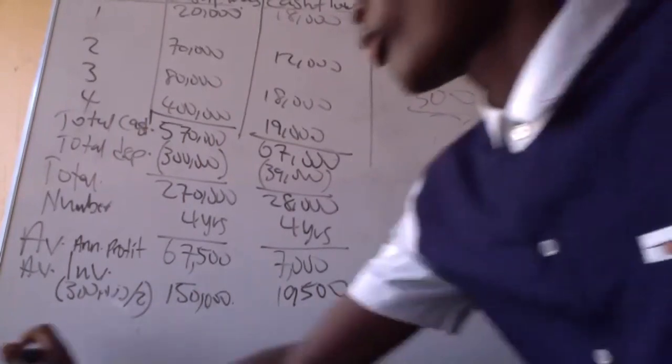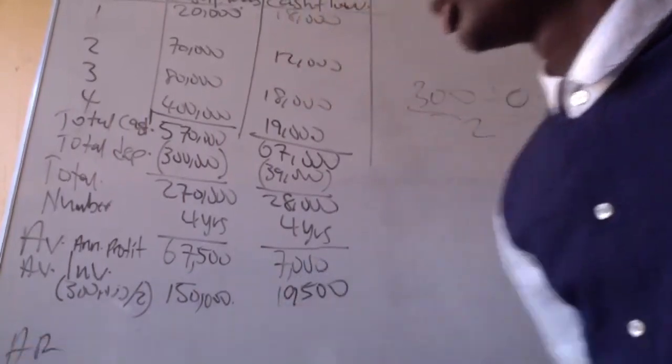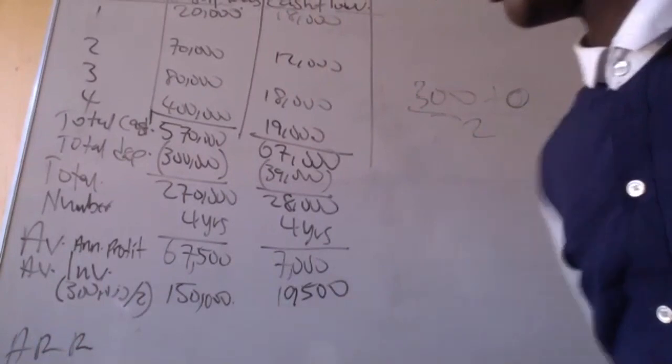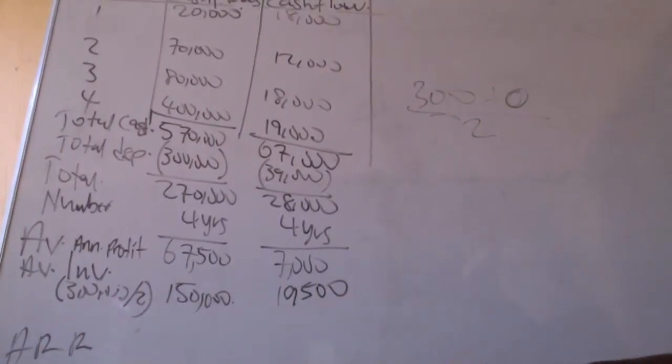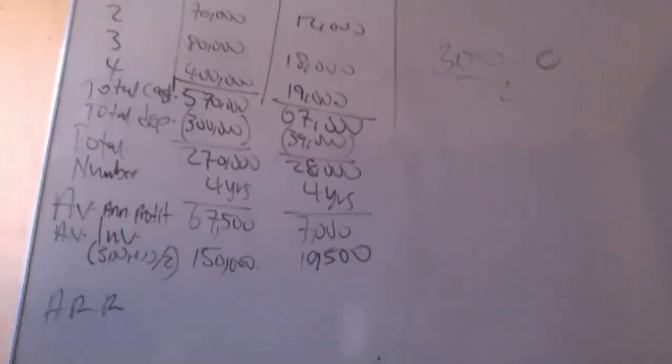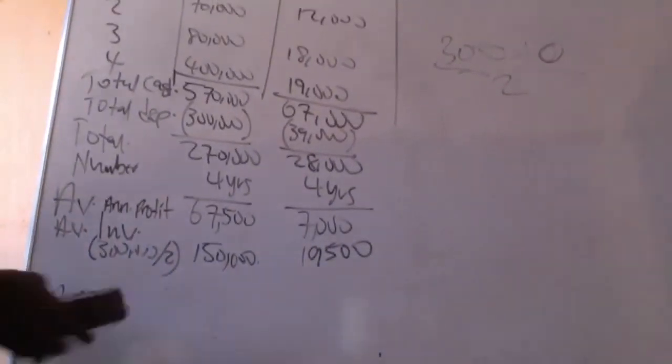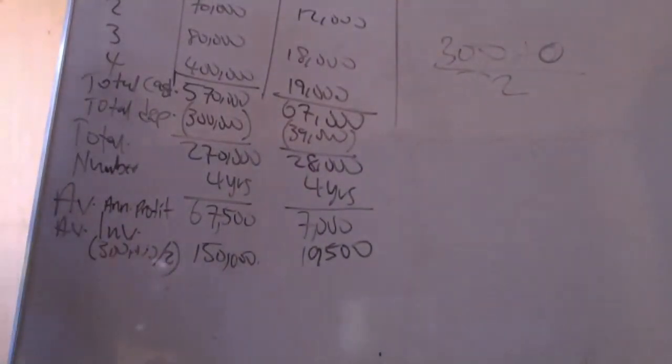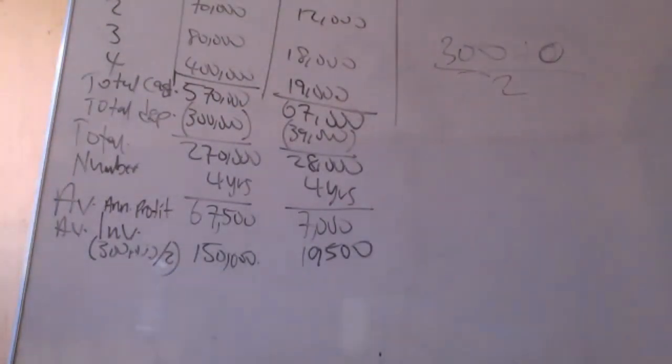Finally, accounting rate of return. Accounting rate of return will be ARR. Let me put the screen down.